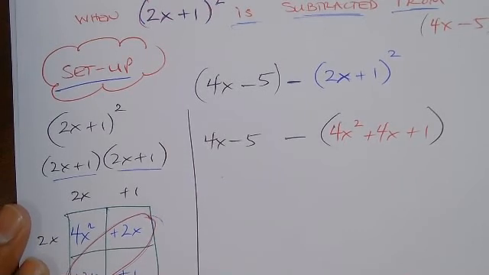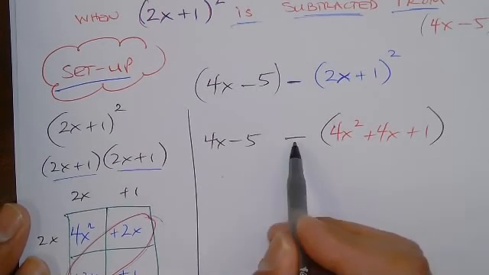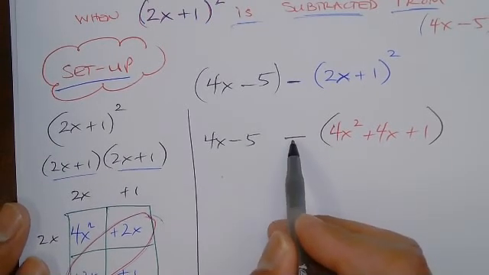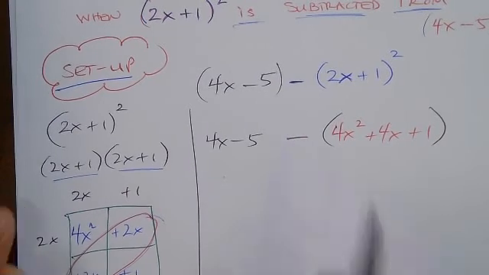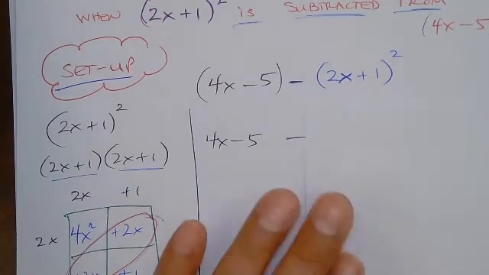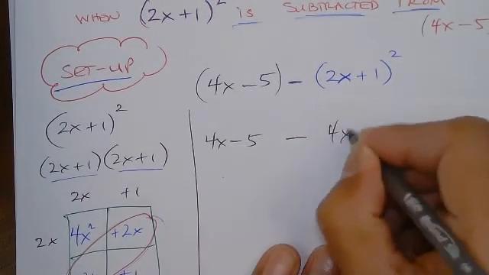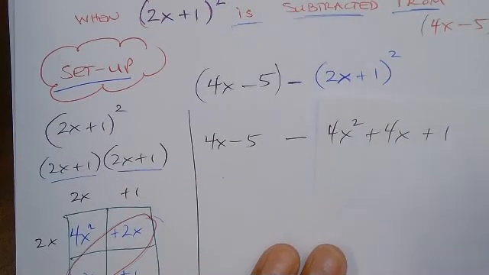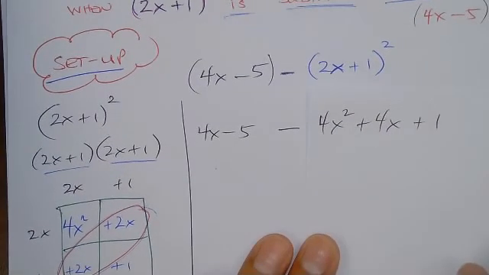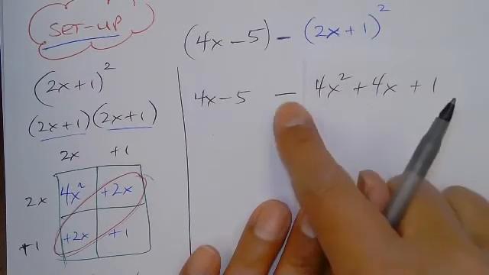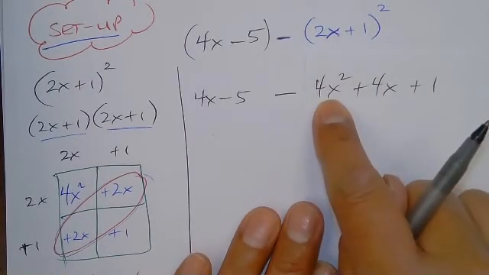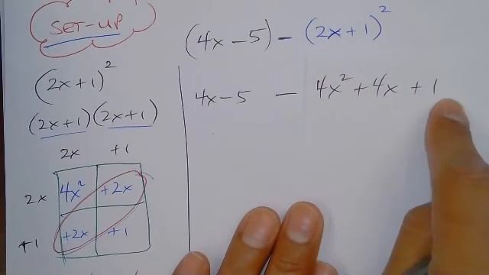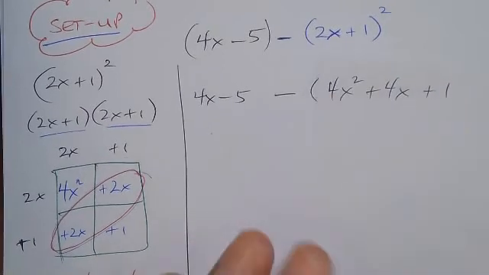Because of this negative sign. That switches the sign. See, if you don't put the parentheses and you just put it like this, what did you do? Wrong. You only made this negative go to this one.